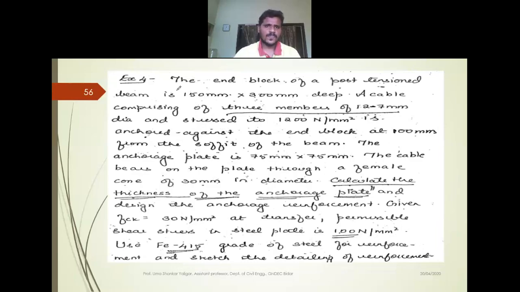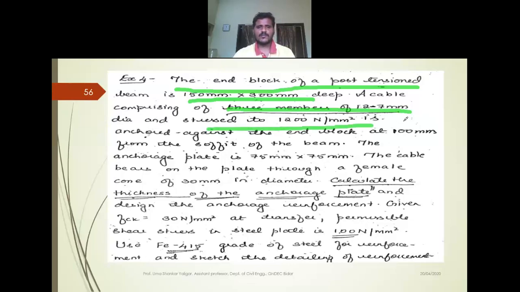Example number 4. The end block of a post-tensioned beam is 150 by 300 mm deep. A cable comprising of three members of 12.7 mm dia. I think it is not three members, it is three cables of 12.7 mm dia, stressed to 1200 Newton per mm square, is anchored against the end block at 100 mm from the soffit of the beam.